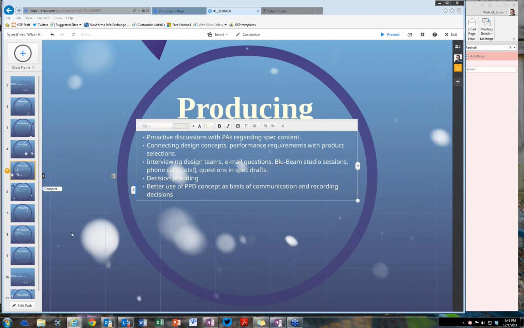So from that, Rosa, I'm guessing that you are actually trying to help find those alternative or comparable products. Right, and that's certainly a value-added service that specifiers can provide for our teams, because we all know we get a better price if we can have competitive bidding and sub-bidding.